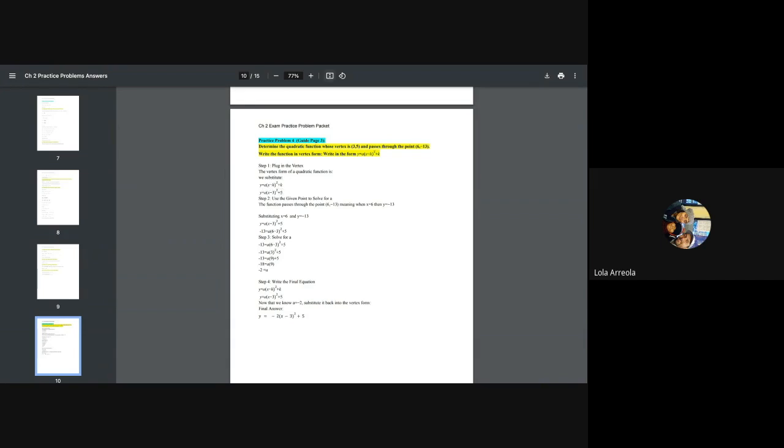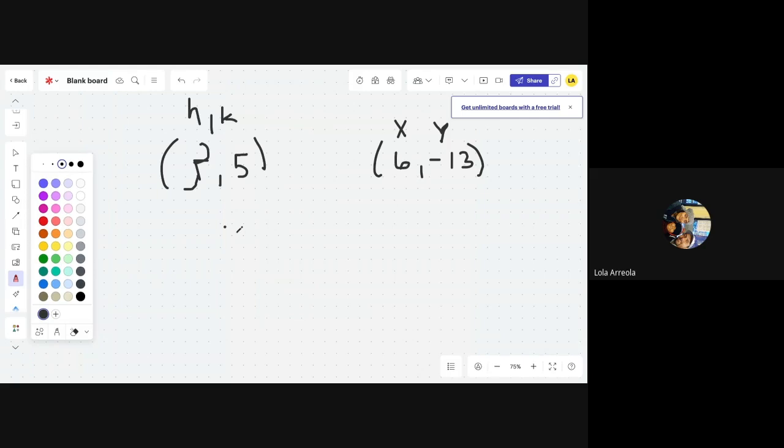Let me go ahead and write that down. This is the formula I'm using.